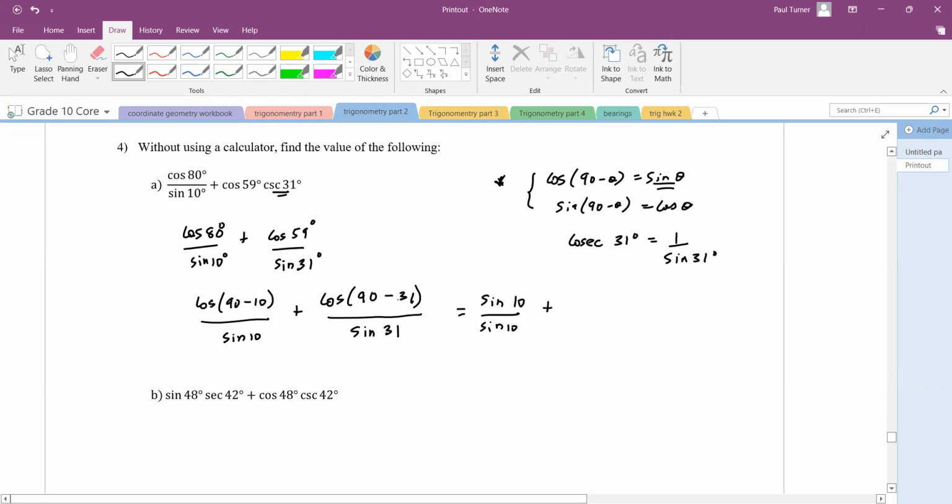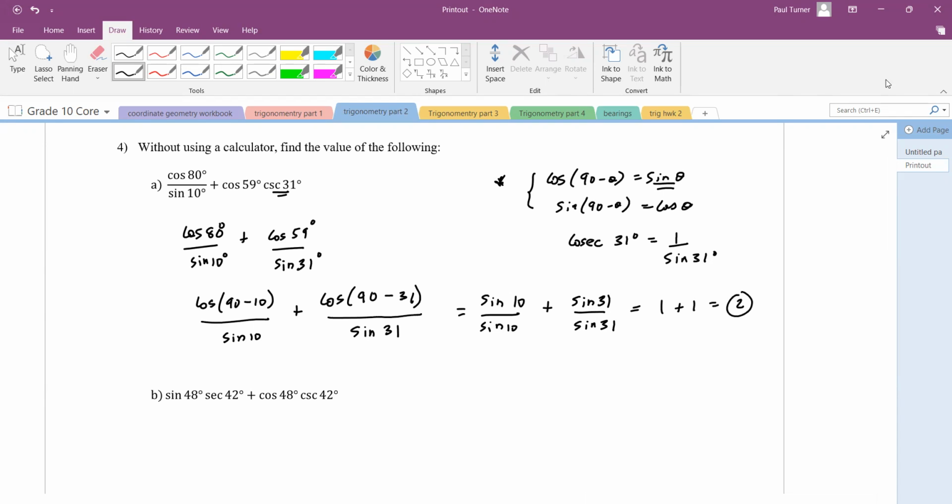Cos 90 minus 31 is the same as sine 31, so sine 31 on sine 31. Sine 10 on sine 10 is 1, and sine 31 on sine 31 is 1. So you'll get 2 as your final answer.